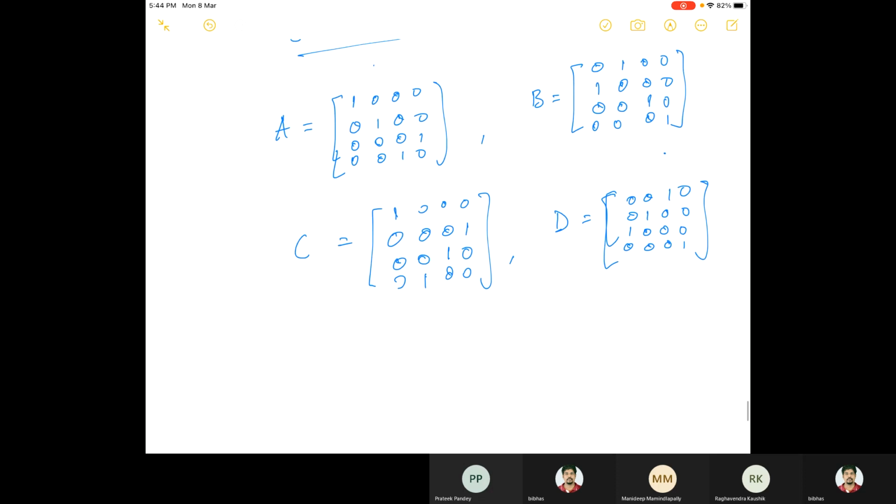So what is the action of these? This is my C-NOT gate.